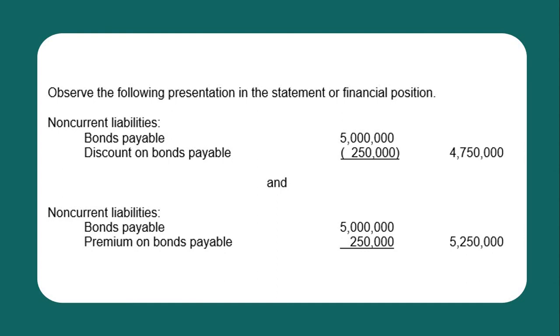So, for example, before the amortization, the discount is shown as a deduction, while the premium is shown as an addition to the bonds payable.